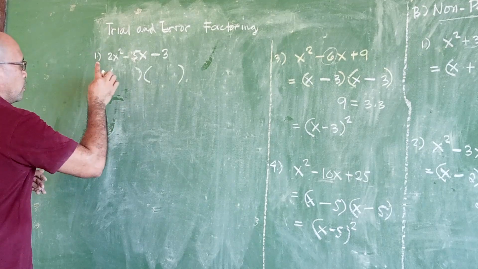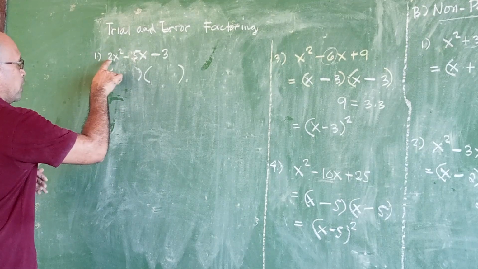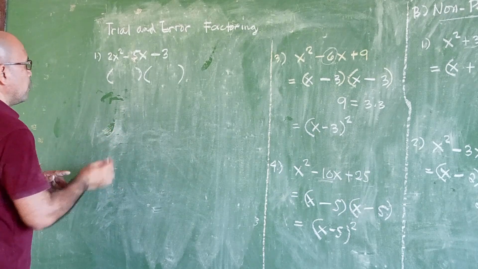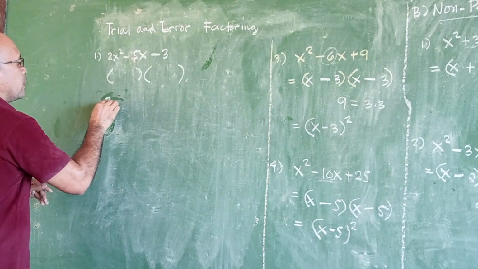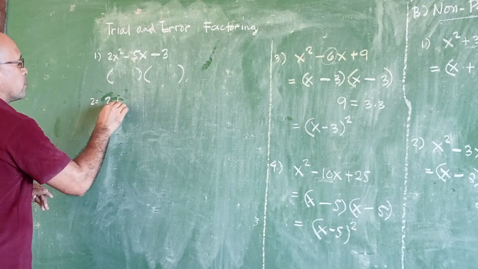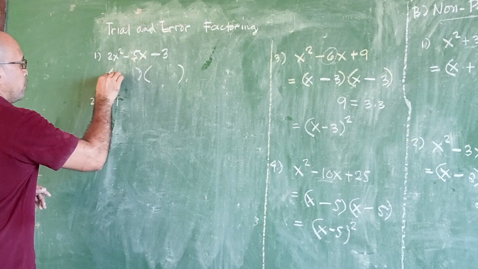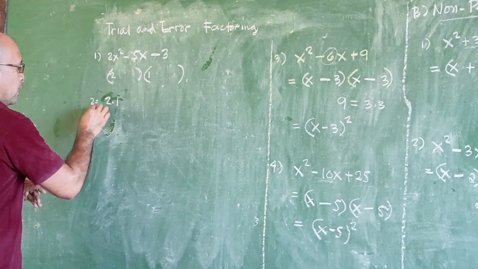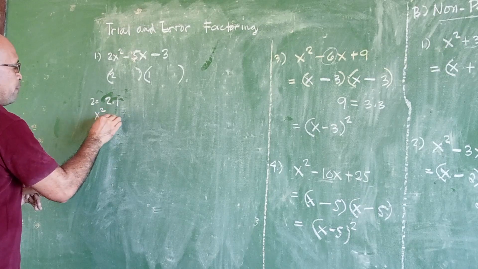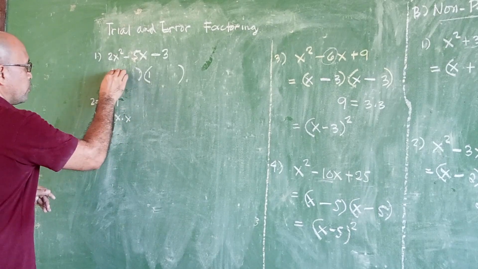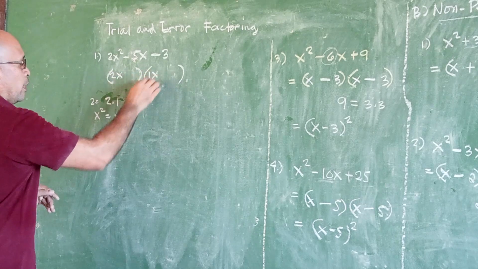And since these two cannot be factored in terms of perfect square factoring, you can just simply say that the factors of 2 are 2 times 1. So you can just distribute that one here directly, and that is 1. And since your x squared is a perfect square, that is equal to x times x, so you just have to distribute x.